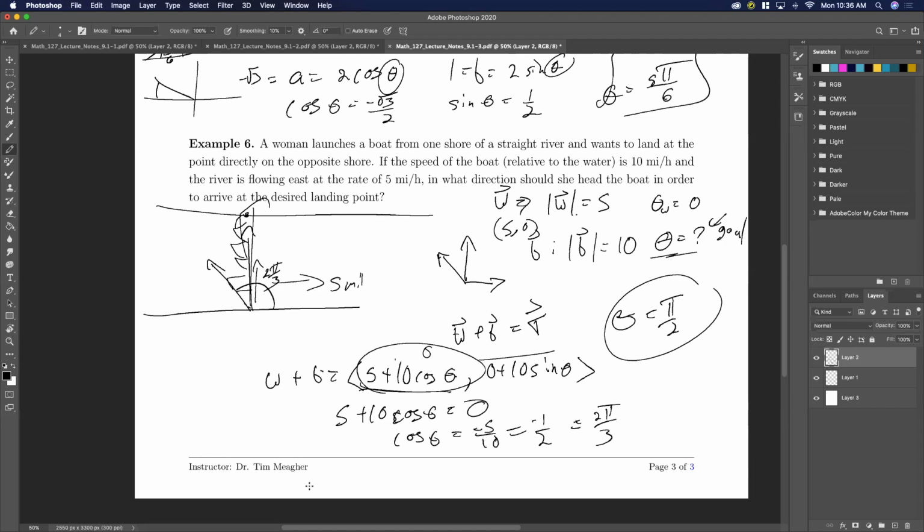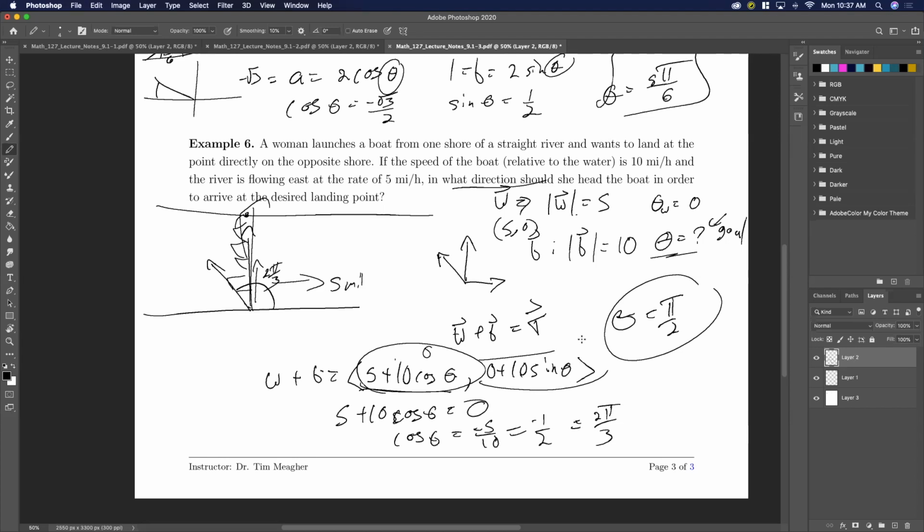Now, this other component we don't care about. All we want to know is where we want to head the boat. Can we figure this out? Yeah, now I know the angle is 2 pi over 3. It's 10 times the sine of 2 pi over 3, which is square root 3 over 2, so it'll be 5 times the square root of 3 for the other component. But that's not necessary for solving our equation.